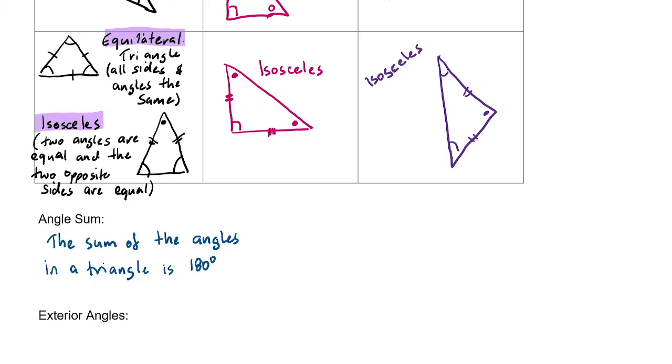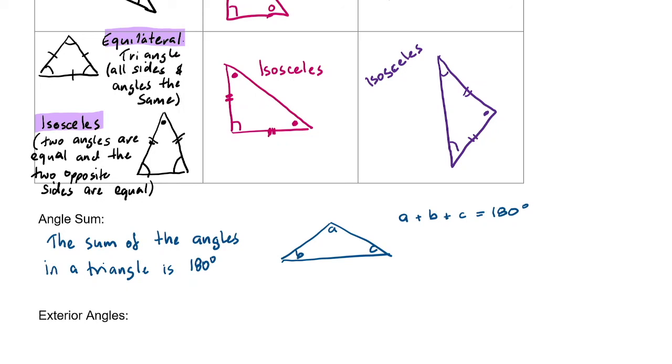So the three angles of your triangle must add to 180 degrees. We can even draw a little diagram on that. We can call this A, B, and C. So A plus B plus C must equal 180 degrees.